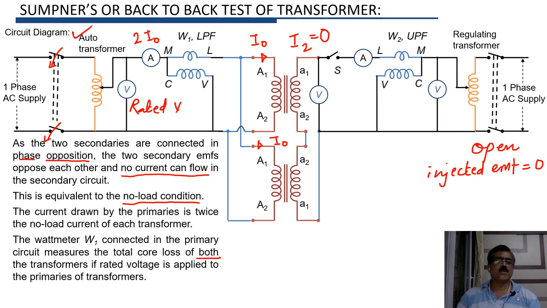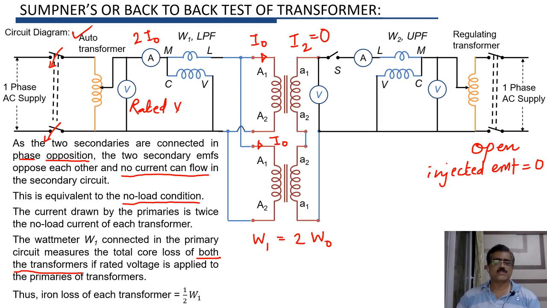And this core loss is of rated value because the winding is connected to rated voltage supply. Means W1 will be equal to 2 times W0, where W0 is the rated core loss in one transformer, and therefore the core loss or iron loss in each transformer will be equal to 1/2 W1.